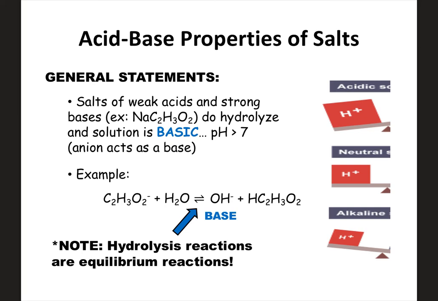So again, just to recap, once you know a salt came from a weak acid and a strong base, you know it's going to form a basic solution. You need to form OH minus, so the minus part of the salt is going to react with water in equilibrium to form OH minus here. That's the base that needs to form in order for this salt to be basic when it hydrolyzes with water. The Na plus part is not going to do anything here.